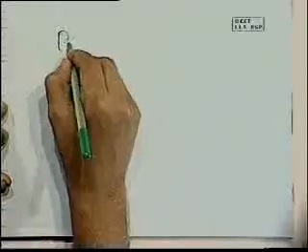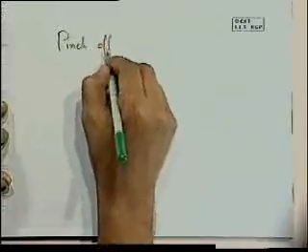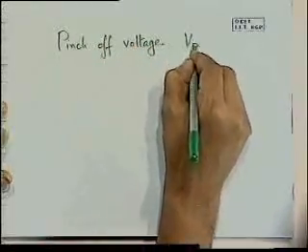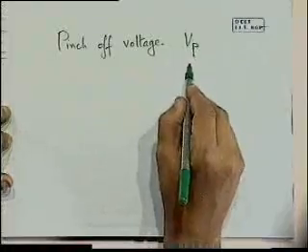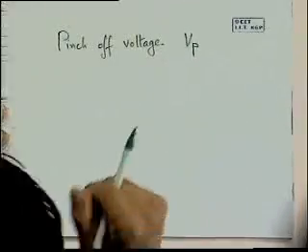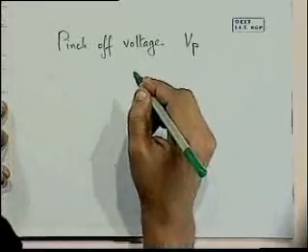That voltage is referred to as the pinch-off voltage, Vp. This is the voltage that is applied to the gate. At that point, no current will flow through.